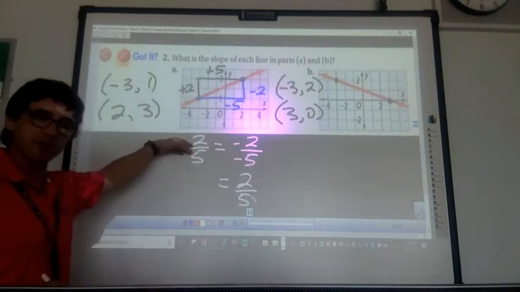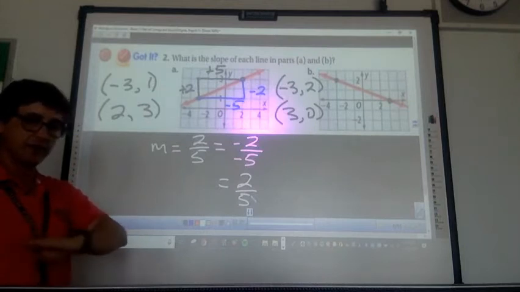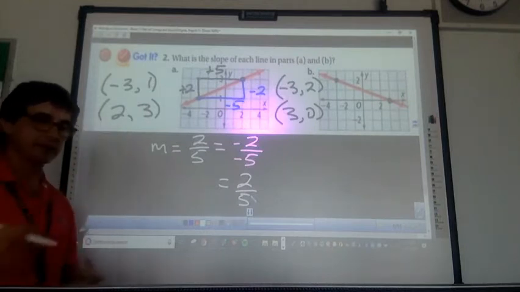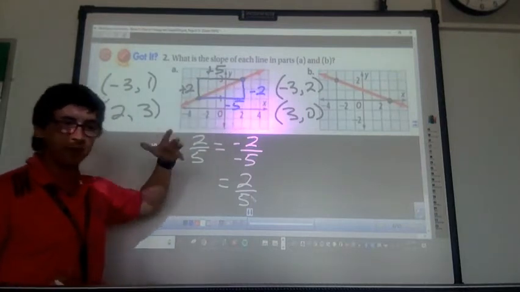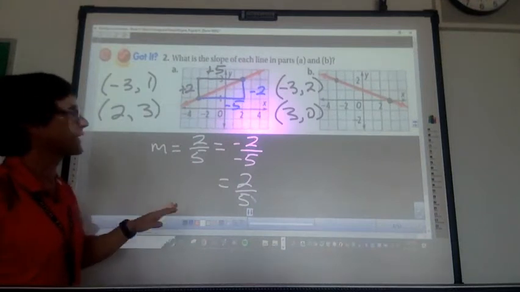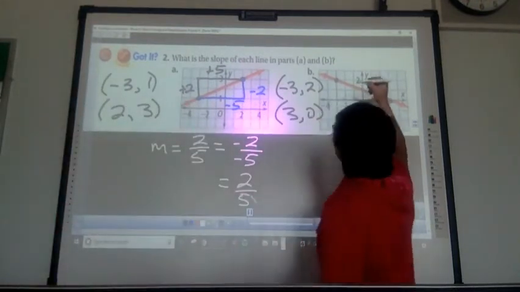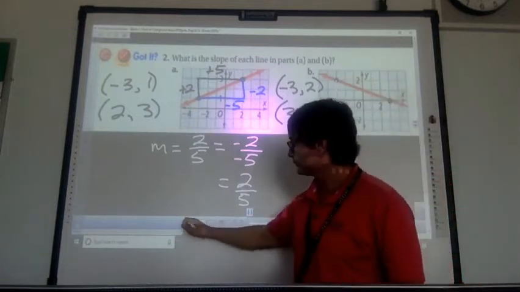Just like in that first example with the table of values, if I did the last, right, 4 minutes minus the 1 minutes, we're going to get the same slope. So it doesn't matter which points you count in between. As long as you have y on top and x on bottom, you're going to get the correct answer. So here, we're going to go down 2.